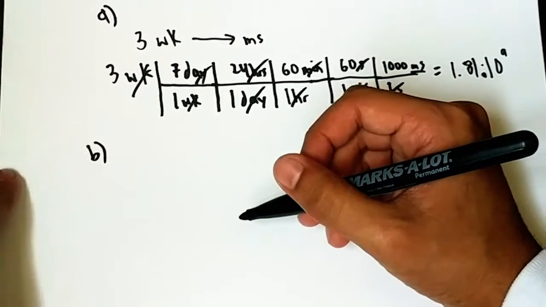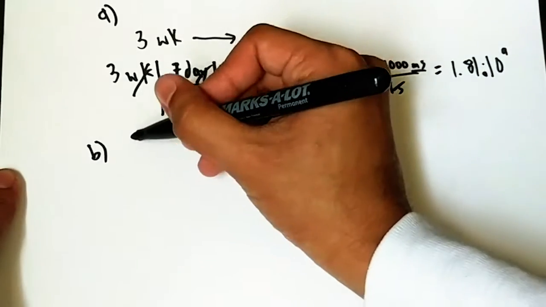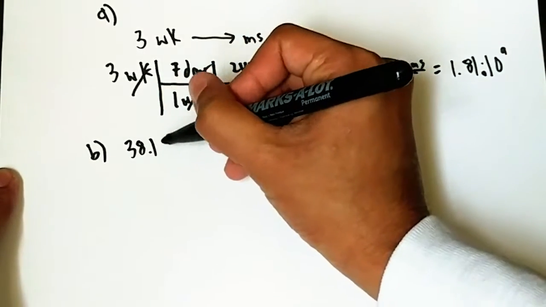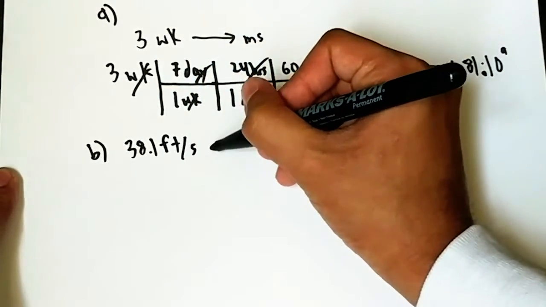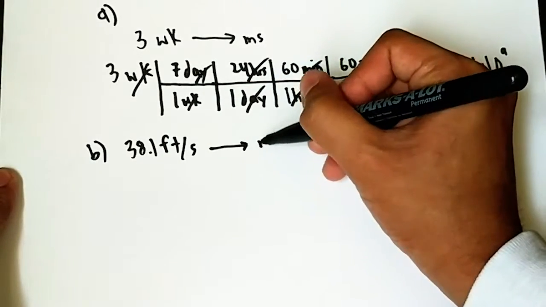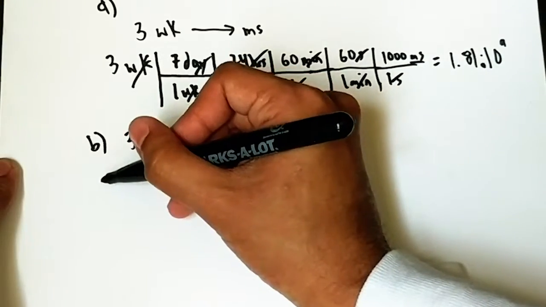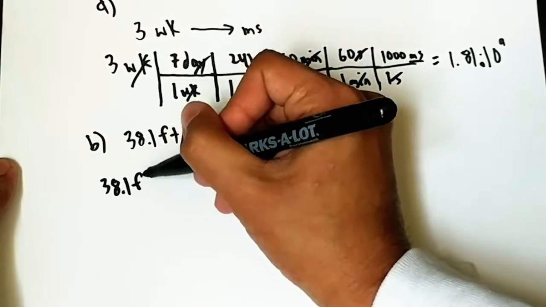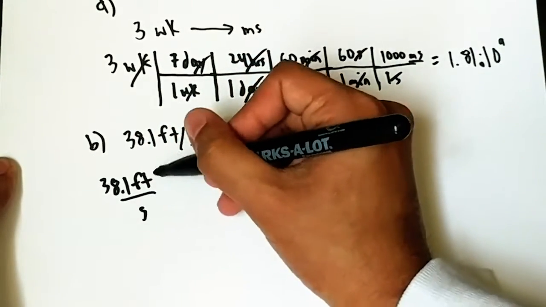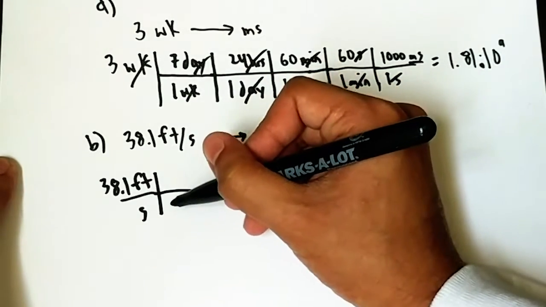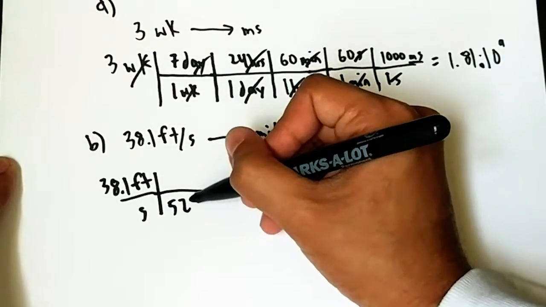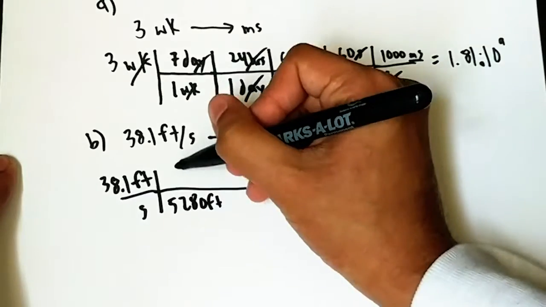Part B, we want to convert 38.1 feet per second to miles per hour. So again, 38.1 feet on top, per second on bottom. So I remember that there are 5,280 feet in 1 mile.